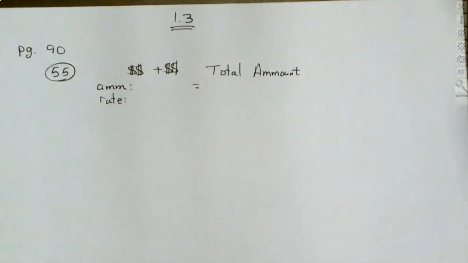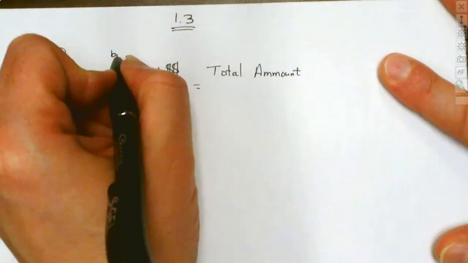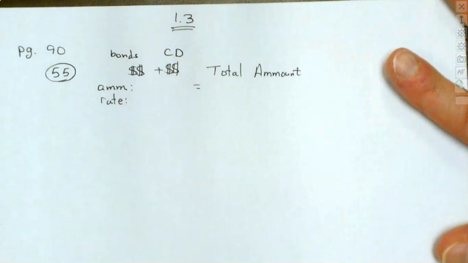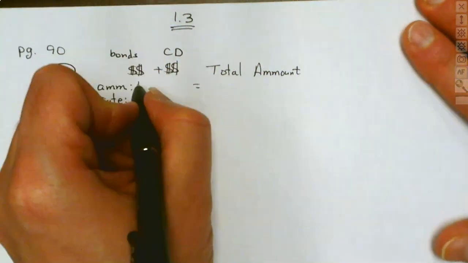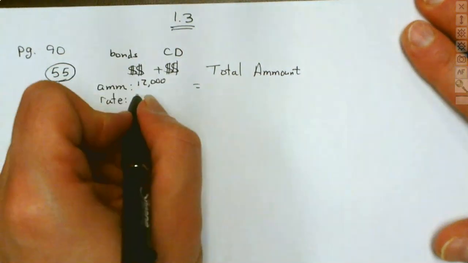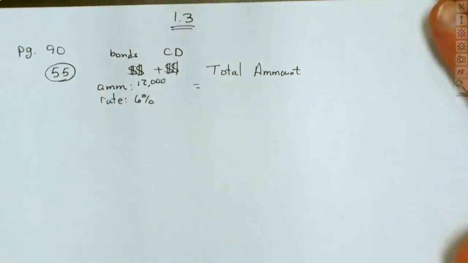We've got bonds and we've got CDs. Now for the bonds, we know we bought $12,000 worth of bonds. And these bonds pay out 6%. So $12,000, 6%.